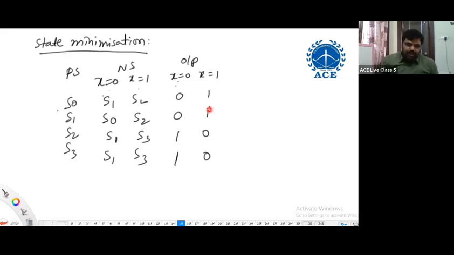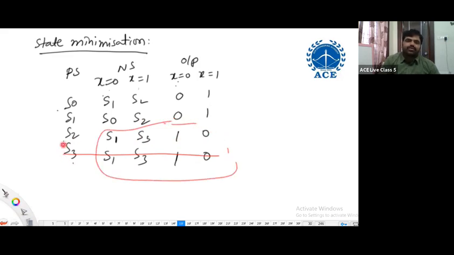If you observe here, the S2 state and S3 state have the same properties. Then instead of S2 and S3 separately, we can eliminate one of these. See, S1, S3, S1, S3, and the outputs 1, 0, 1, 0. All these are matching. When all these are matching, why do I need these two states?